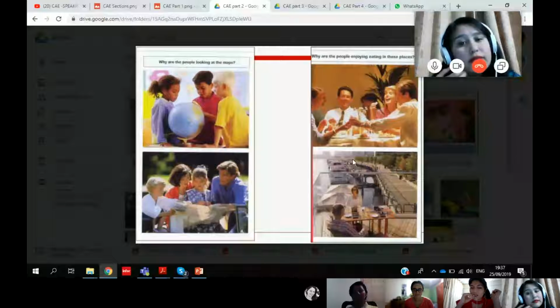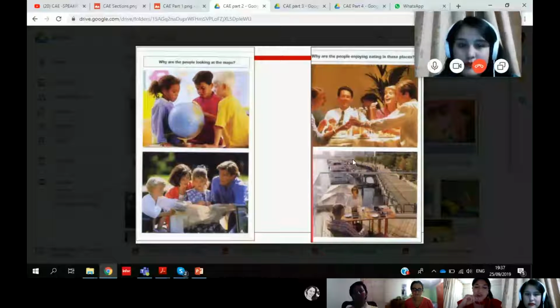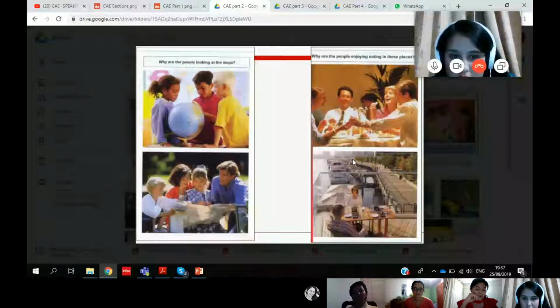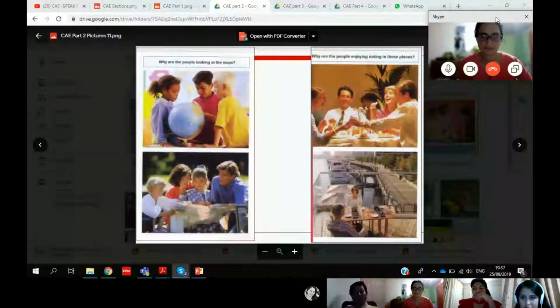The first one, where there are kids looking at a map, or there is a family. The second one. Which one would you prefer? I prefer the second picture. Why?